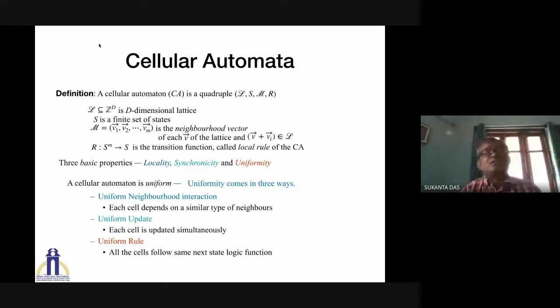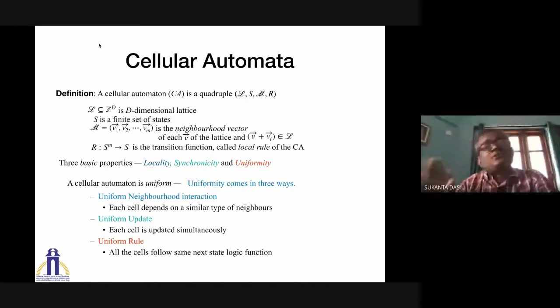In literature, we identify three basic properties of a cellular automaton: locality, synchronicity, and uniformity. But synchronicity is one kind of uniformity. It's all the cells updating simultaneously.